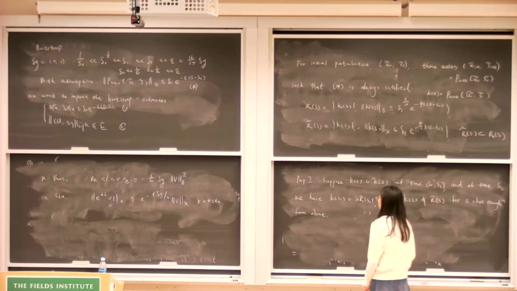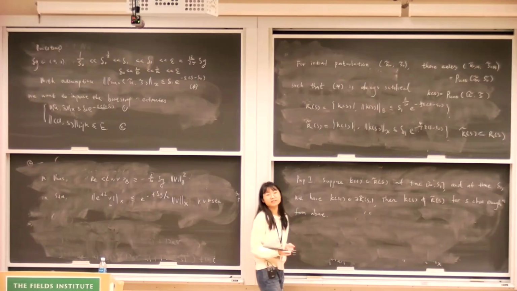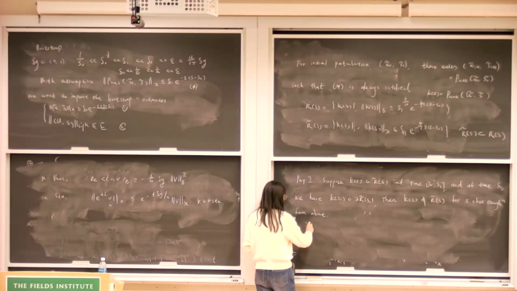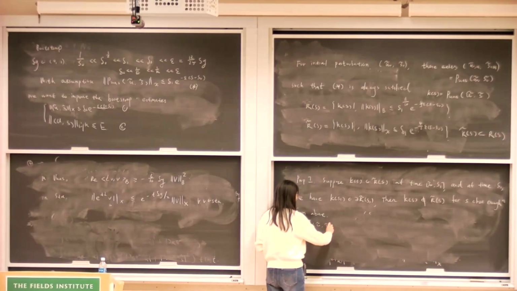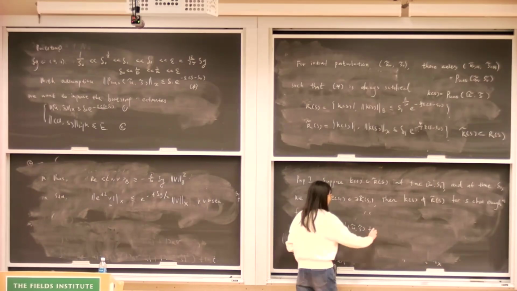So still you want to use the linearized argument and the nonlinear part, but now you project to the unstable space instead of the stable space. So partial S U tilde S tilde is equal to L U tilde S tilde plus nonlinear.